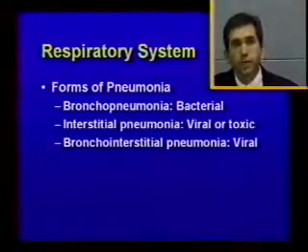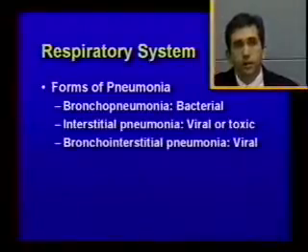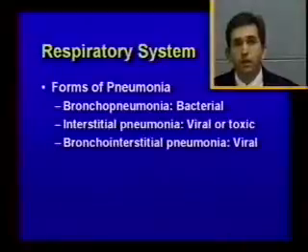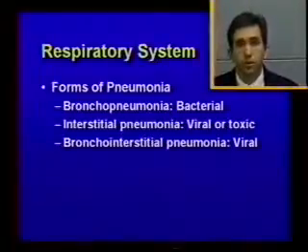The second form would be an interstitial pneumonia. The difference is that interstitial pneumonia targets the lining of the alveolus. If you recall, the alveolus has the epithelial lining where air is exchanged with the blood and also contains a rich capillary supply.